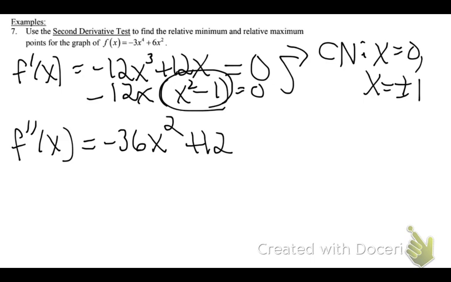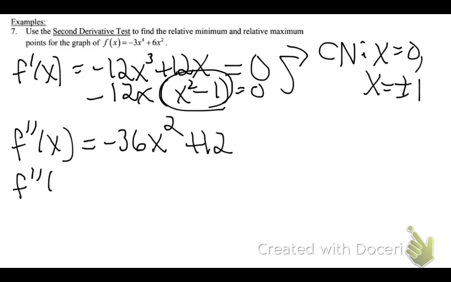So with the second derivative test, instead of making a sign number line, we are actually plugging these critical numbers into the second derivative and seeing what type of output we get.